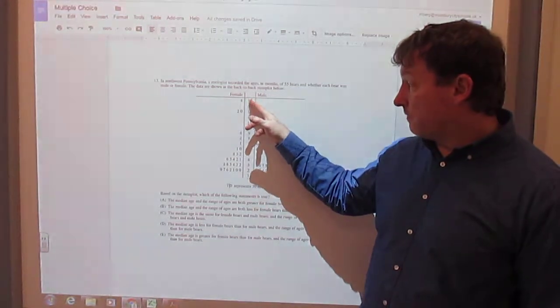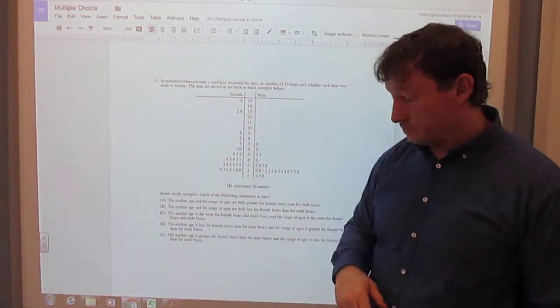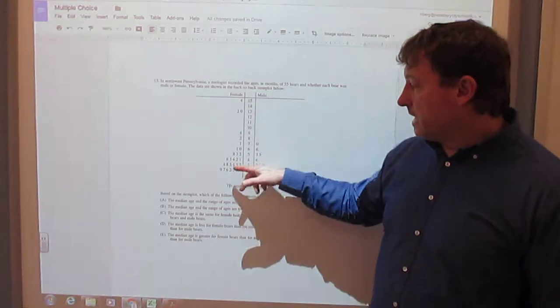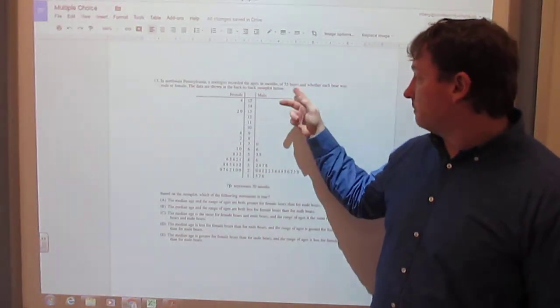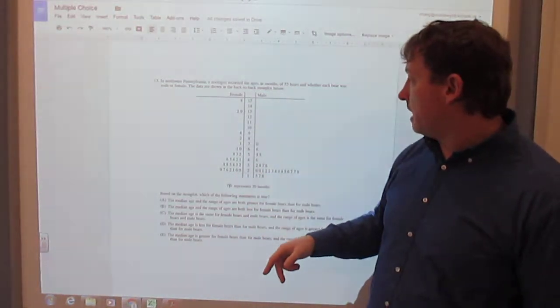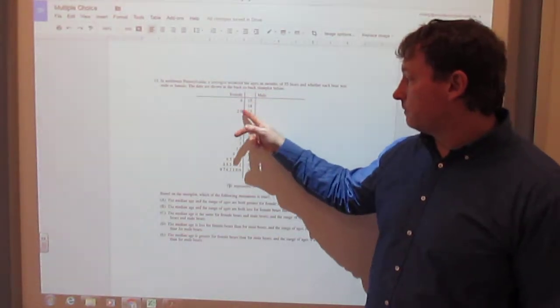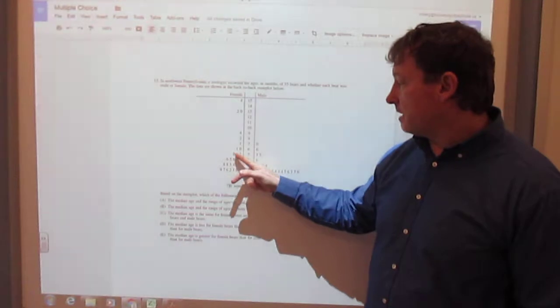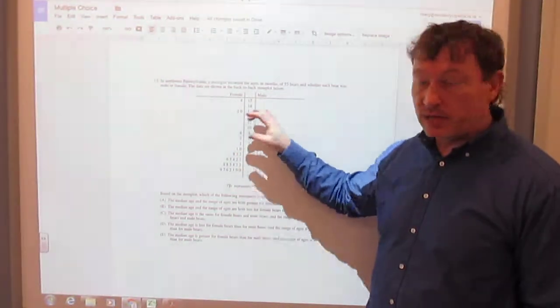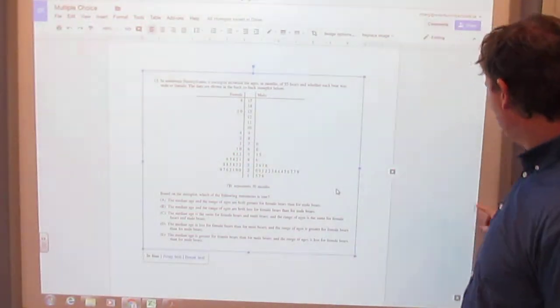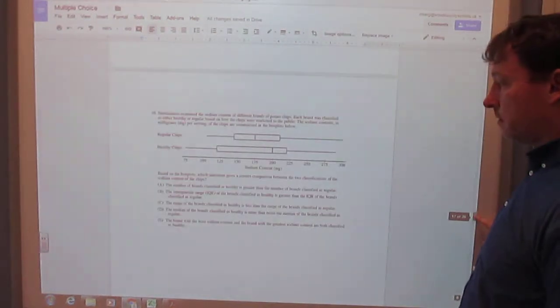So your range would be 154 minus 20 for this one. Median, we just got to figure out there's 55 bears in each cave. So we got to count how many there are. 1, 2, 3, 5, 6, 7, 8, 9, 10, 11, and so forth, and figure out where the median is on this. We've done that.